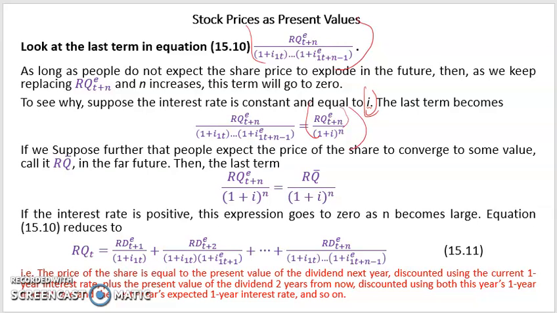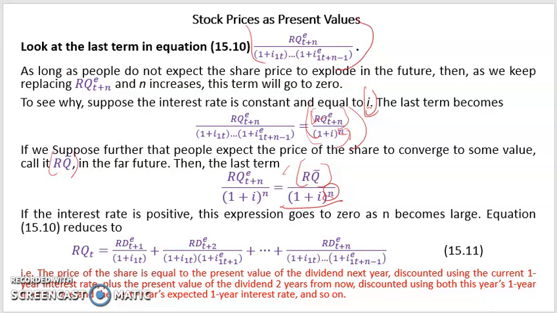So that is, the expected price in a number of years is simply discounted by the interest rate to the power of those number of years. And if we suppose further that people expect the price of the share to converge to some value, a price called RQ bar, in the far future, then the last term will become that converged number discounted by 1 plus the interest rate to the power of those number of years.